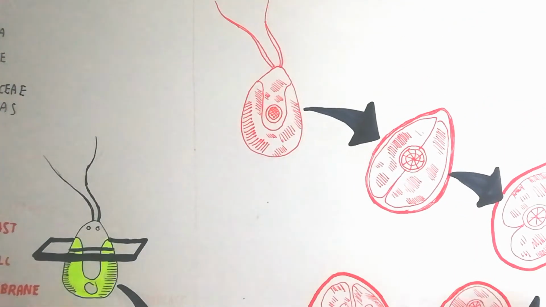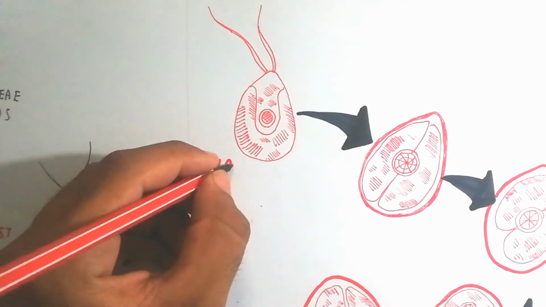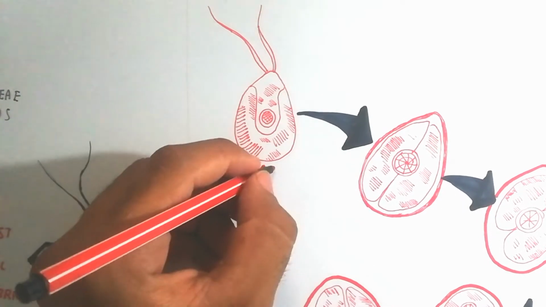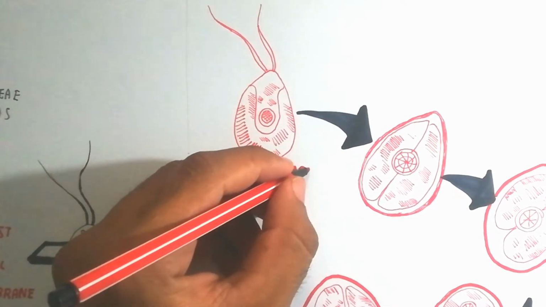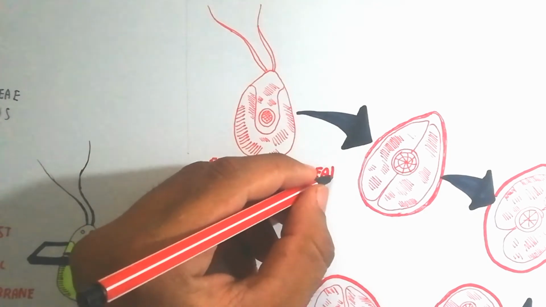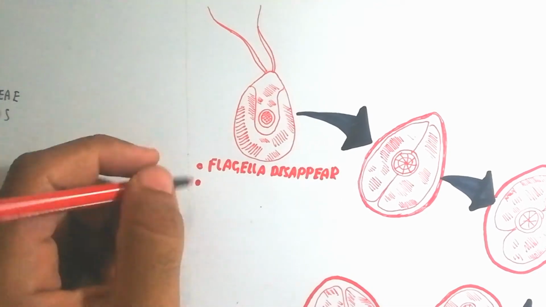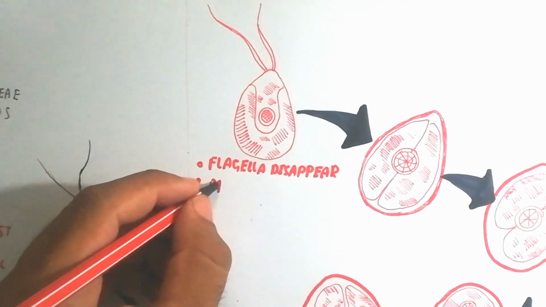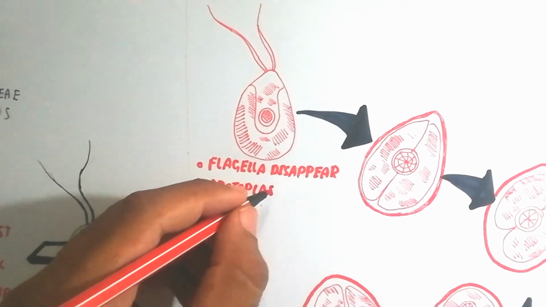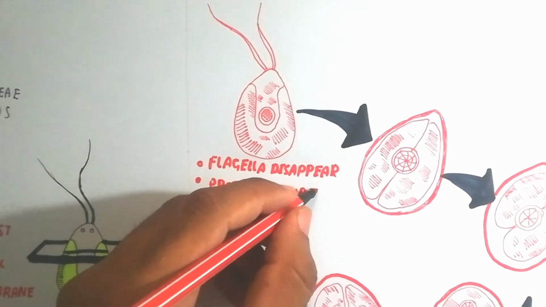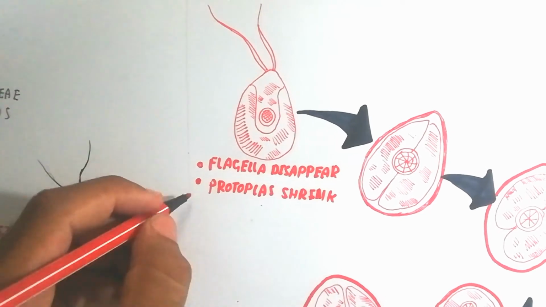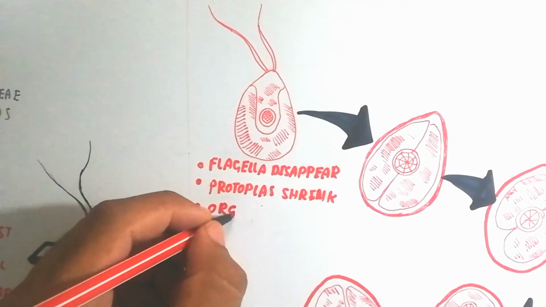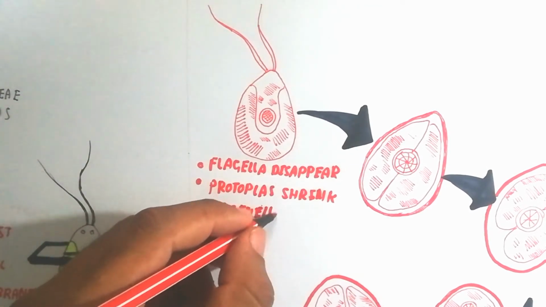So in this type of reproduction, multiple Chlamydomonas will be released by the rupturing of the plasma membrane or hardening of the outer layer by the deposition of cell wall.